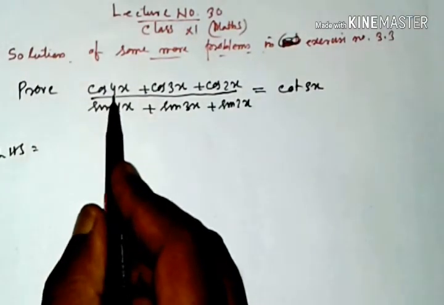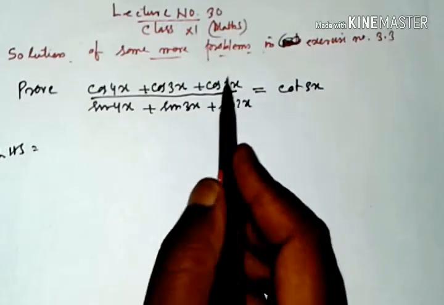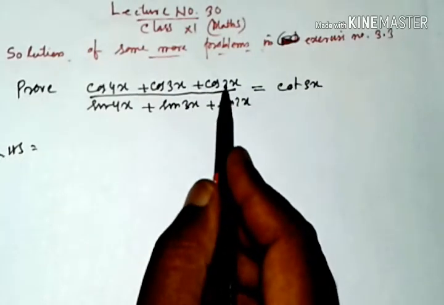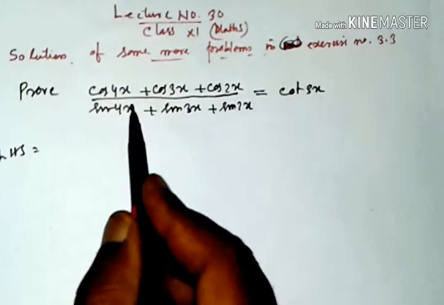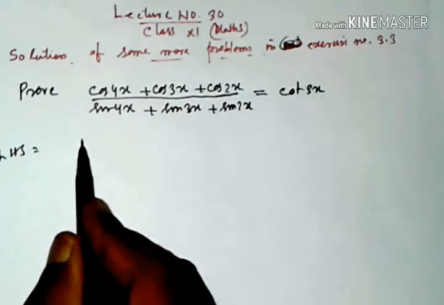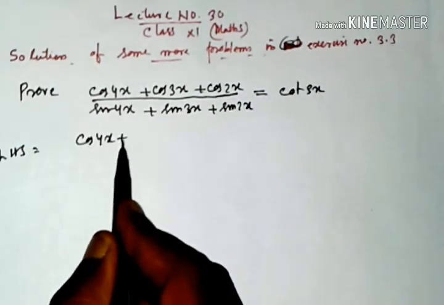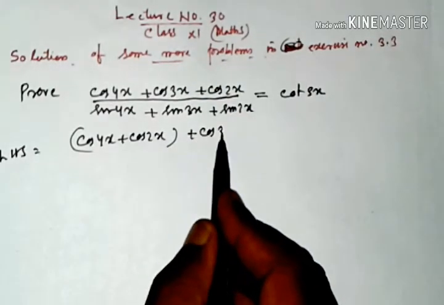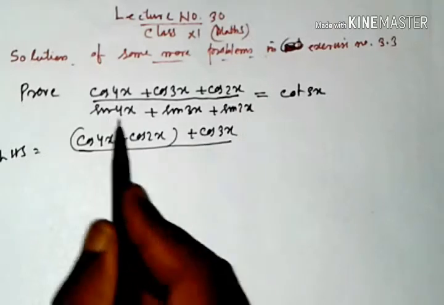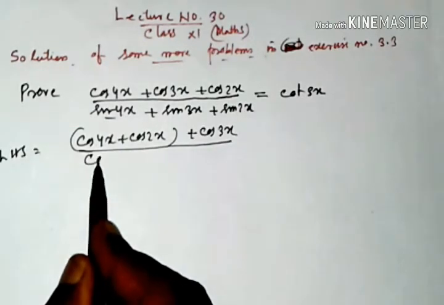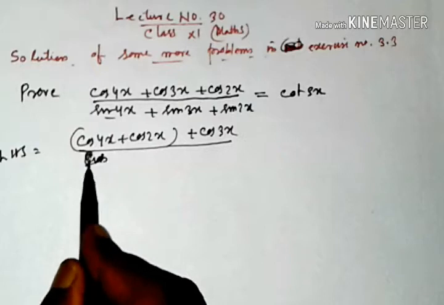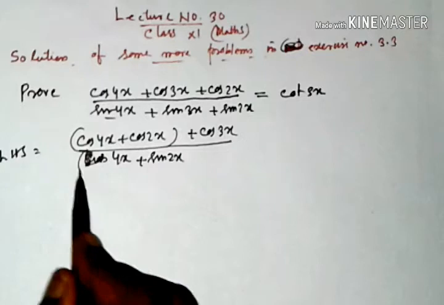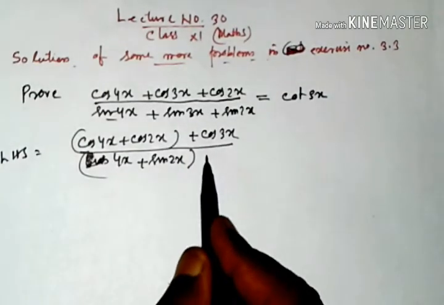Here in the LHS we have cos 4x, cos 3x, cos 2x, so we first combine cos 4x and cos 2x. We can write it as (cos 4x + cos 2x + cos 3x) divided by (sin 4x + sin 2x + sin 3x).